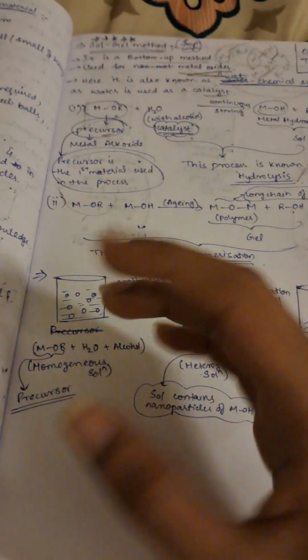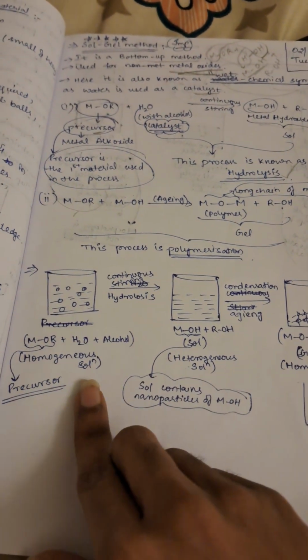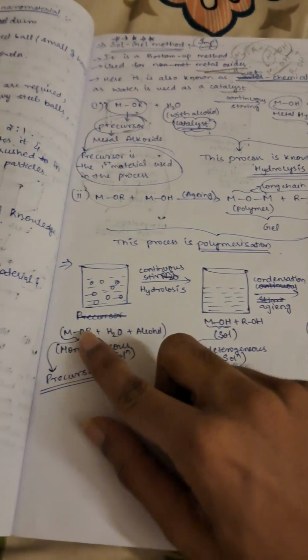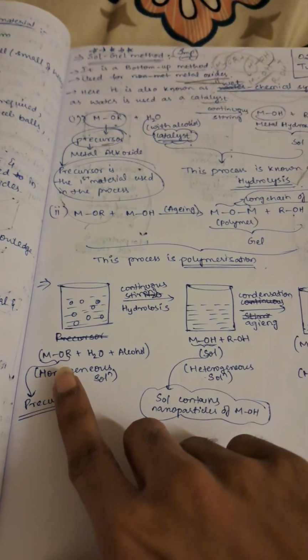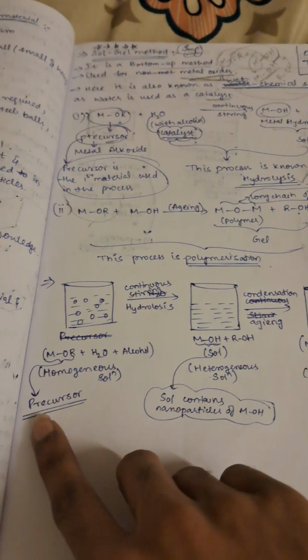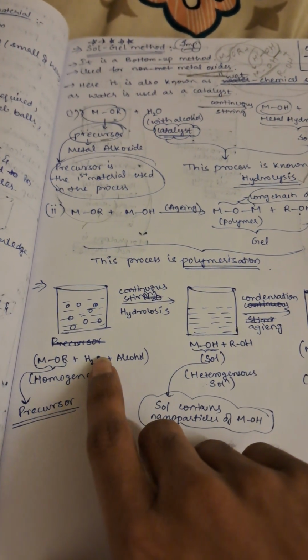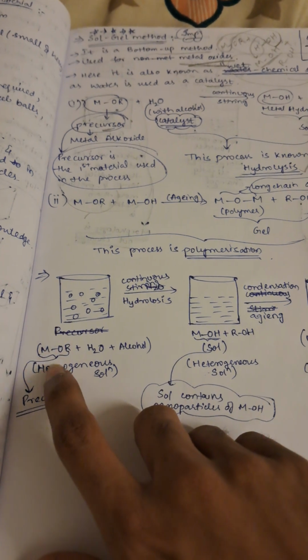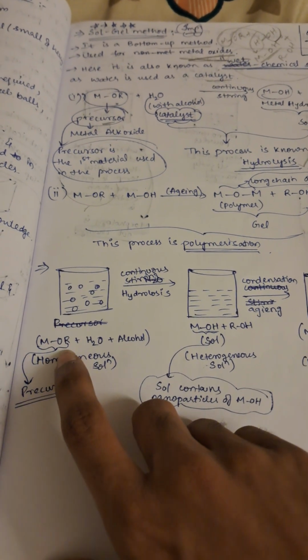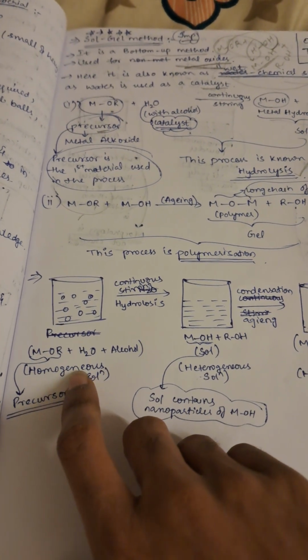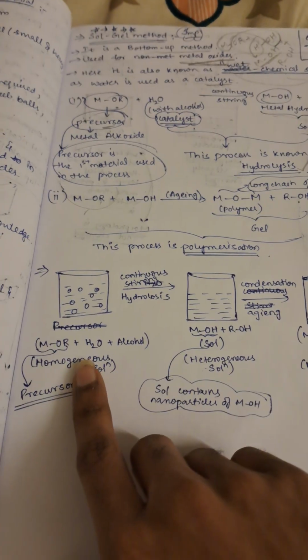Now here, once again I'll revise it. First step is MOR, metal alkoxide, which is the first material known as precursor, plus water acts as a catalyst, but as both metal alkoxide and water are insoluble, alcohol is added to it.